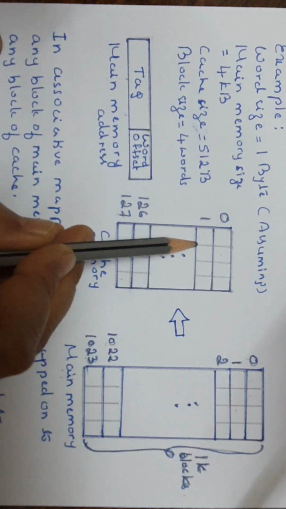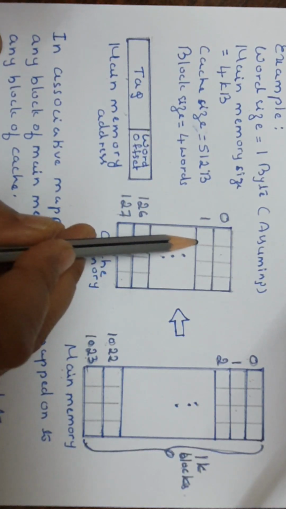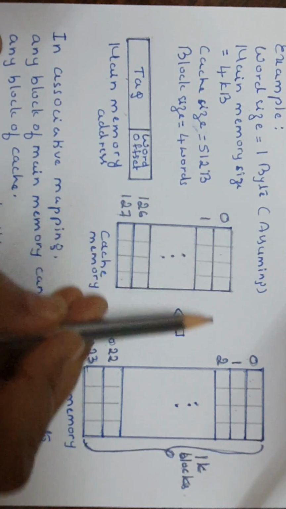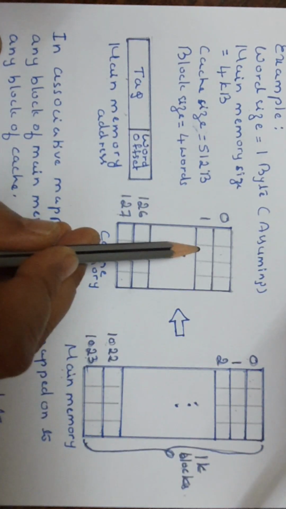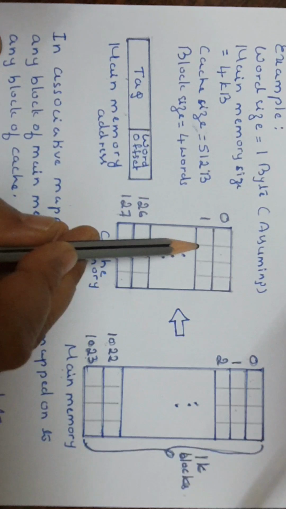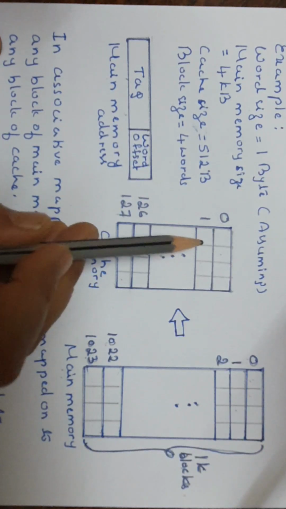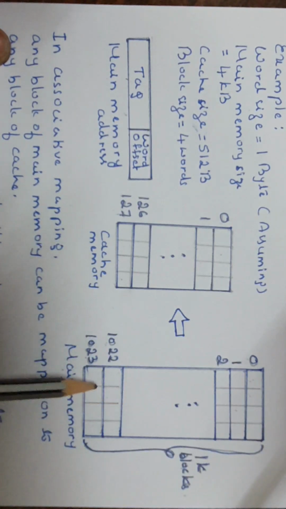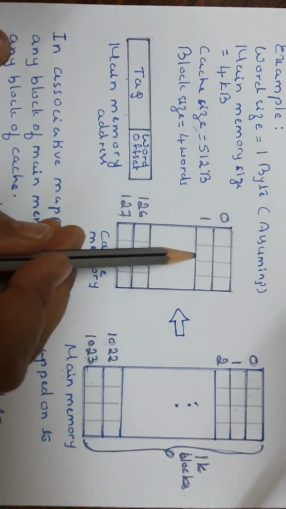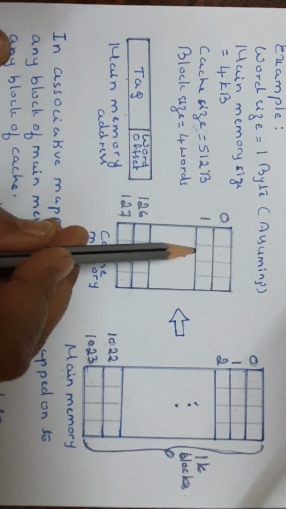If it is full, it has to be overwritten by the new data. So the number of misses and overwrites is higher, because many blocks in main memory were mapped onto the same cache block.